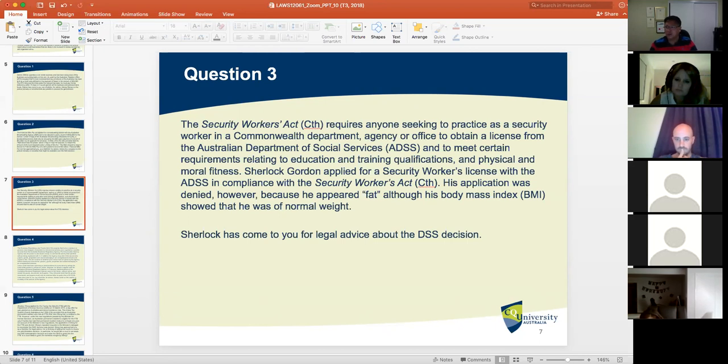So you ask for a quashal, you ask for a declaration of a license, you ask for the court to actually direct the ADSS to grant the license. Now, in this particular context, the reason we're able to make these applications is because it would appear that Sherlock Gordon is really entitled to the license as a matter of law.